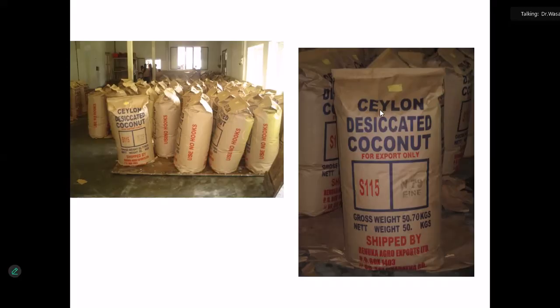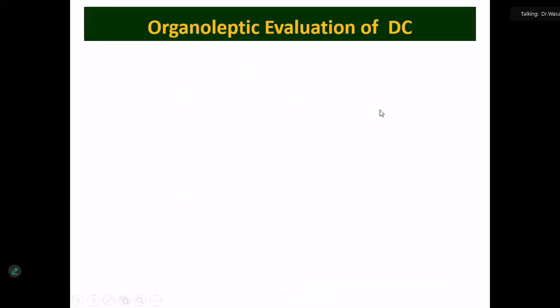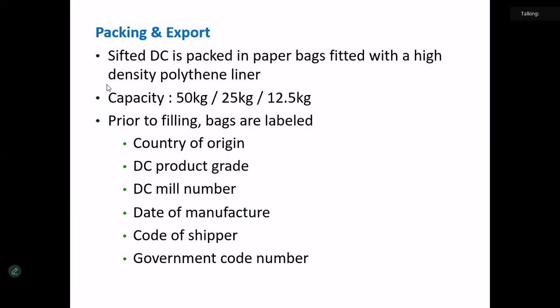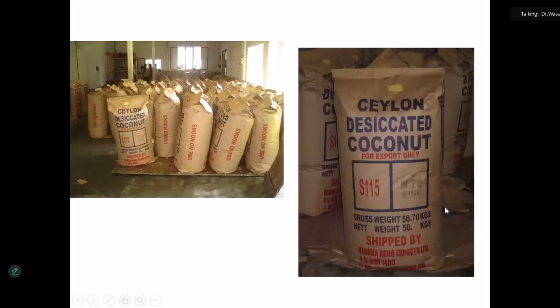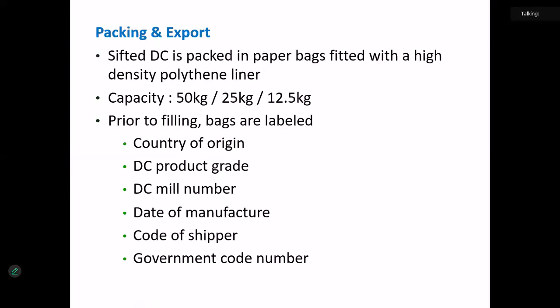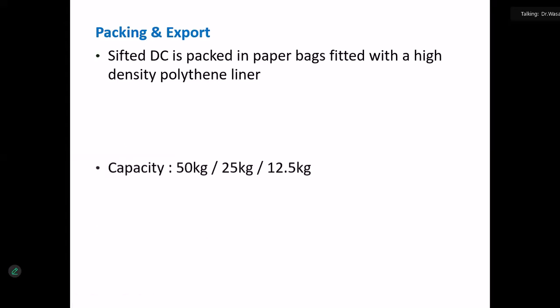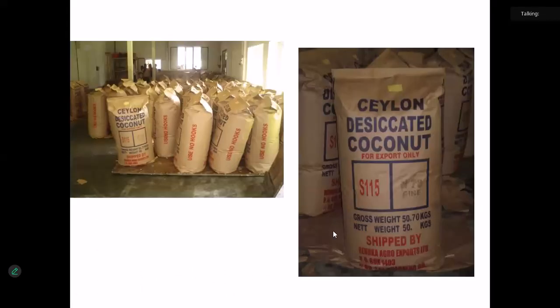Country of origin, Ceylon. DC product grade, I mentioned. What is the grade? Fine grade. Then DC mill number, you can see here. Mill number M79. 79 is the number of the mill given by CDA.